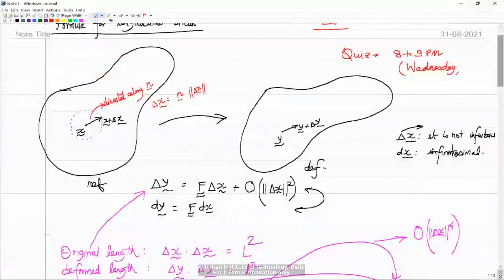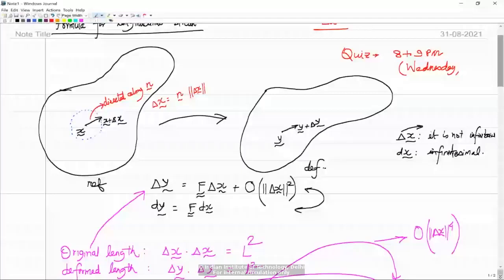But will you say that it is the local value of... I mean, this stretch corresponds to which point in the body? If I ask you that question now, the stretch formula that we just found out, it corresponds to which point in the body? To point X or to point X plus delta X of the body? Which point? So Krishan says it corresponds to point X of the body.